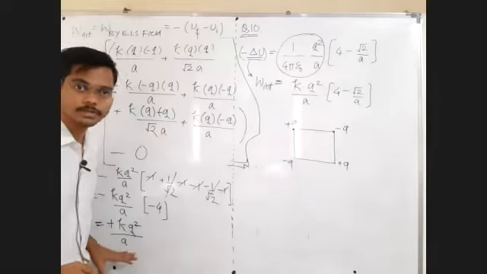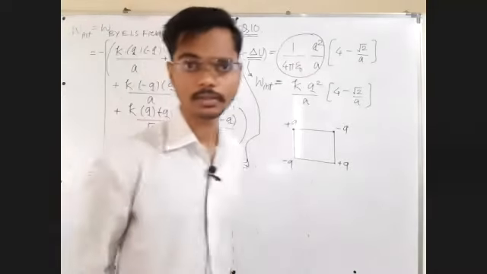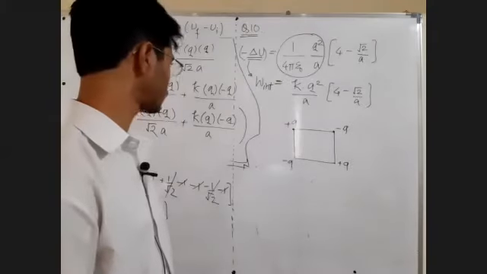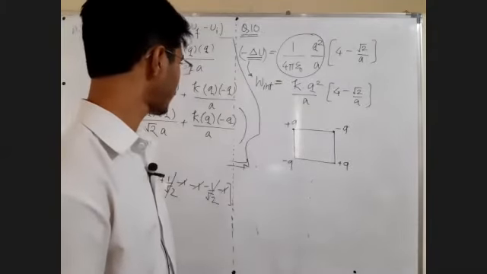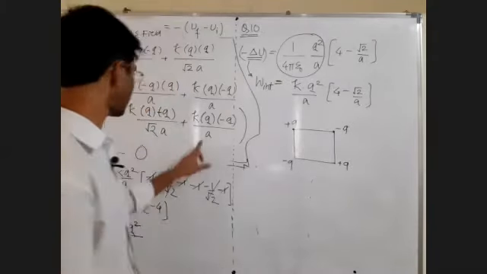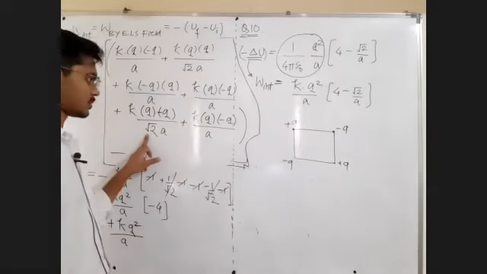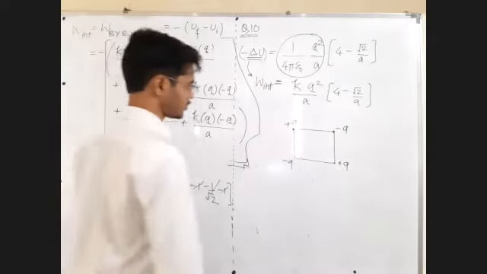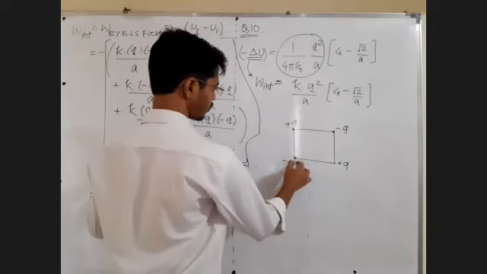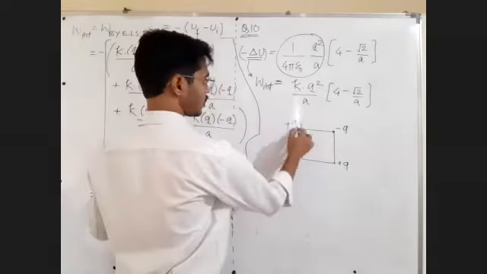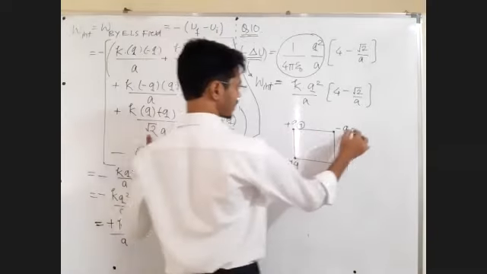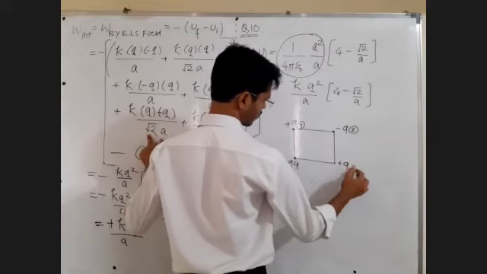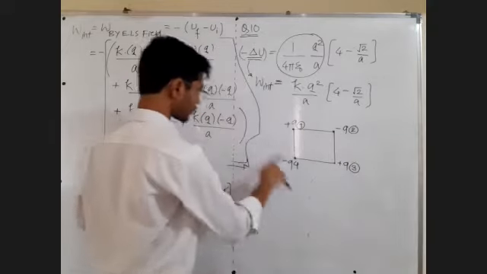Your answer, my answer, same or different? Prasad is saying in the second last, both Q are positive. Second last means this. Oh, yes. Fourth charge brought in the field of first, fourth charge brought in the field of second, fourth charge brought in the field of third.